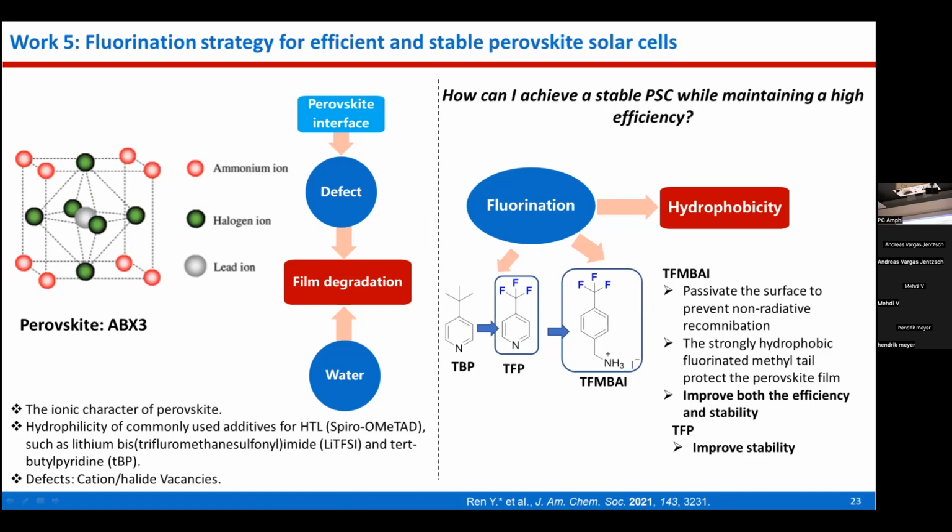For this TFP, I expected it to improve the performance, and its hydrophobicity can also increase the stability. So overall, I expected these two fluorinated molecules to give a synergetic effect, increasing both efficiency and stability.